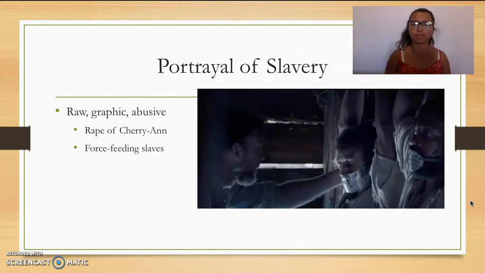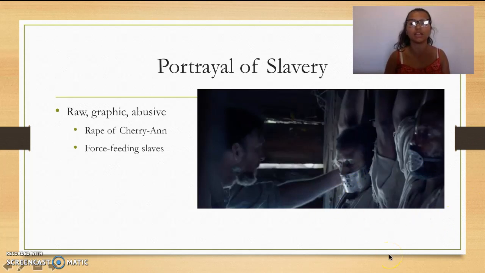The next example I'm going to show you is the poor treatment of slaves, and specifically this scene stood out to me, which is when Nat was going to his first different plantation to start preaching to other slaves. This master had these two slaves locked up, and they weren't eating, so he took this slave here on the left.